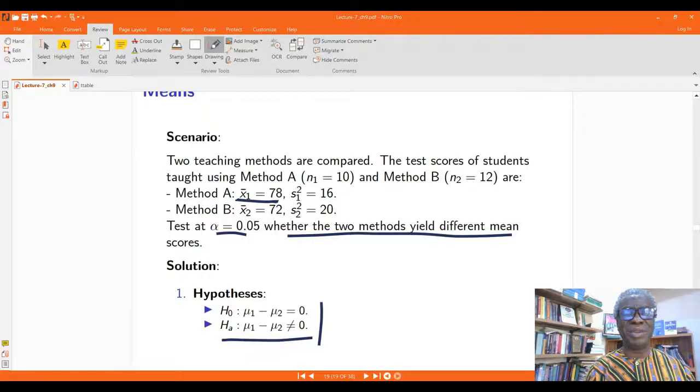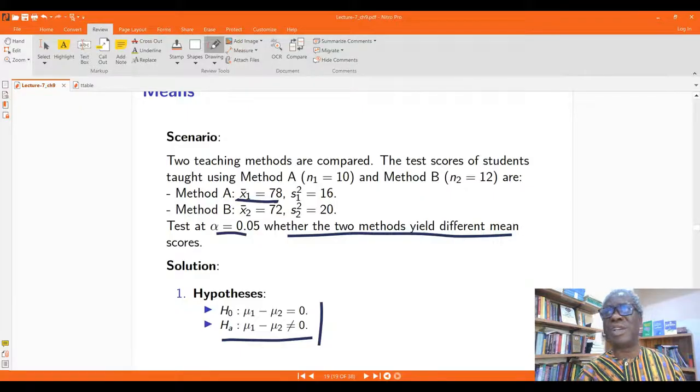So the average performance of the students taught with method A is not different from the average performance of the students taught with method B. And the alternative is saying there is a difference.